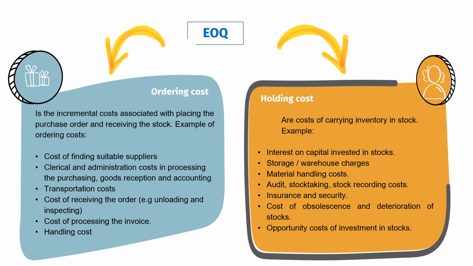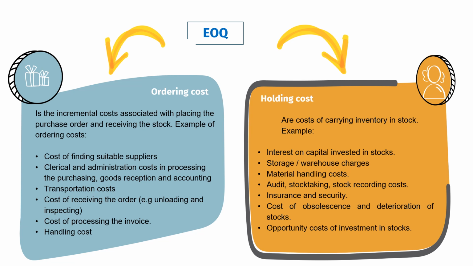Then we also have a transportation charge from the supplier, so it is part of the ordering cost. A cost of receiving the order, for example, the loading and unloading, the inspecting activities and so on. And then the cost of processing the invoice, and also the handling cost associated with the ordering.